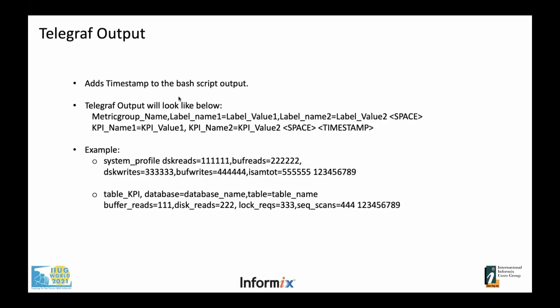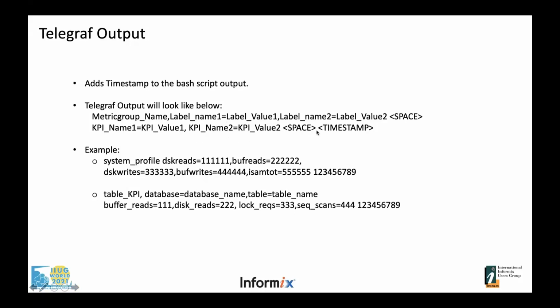Once that script is configured in your Telegraf configuration file, and Telegraf runs and executes that script, it will convert the script output to Telegraf format, which will look like this: the metric group name, and then the label names for your KPIs, for example, your server name and your database name, etc. And then a space, and then the different KPIs that you have.